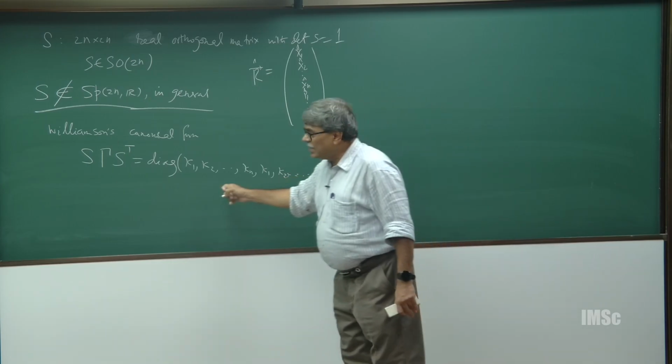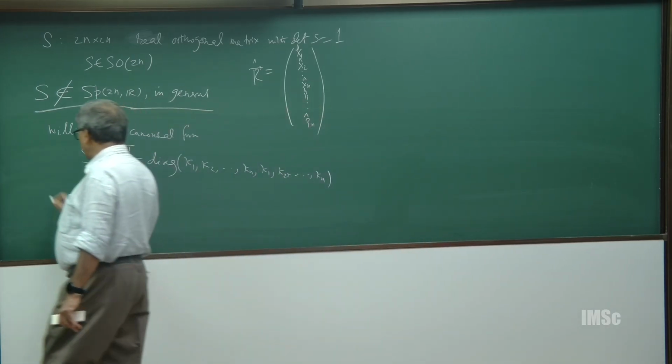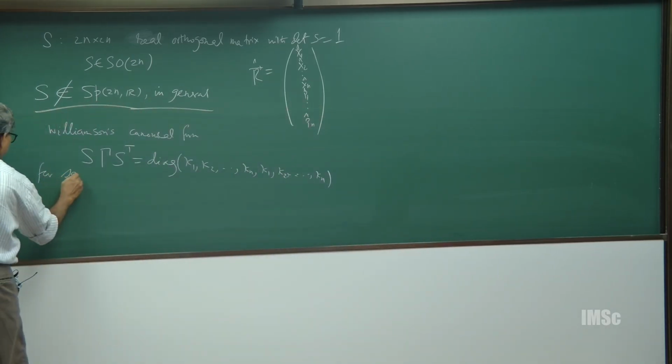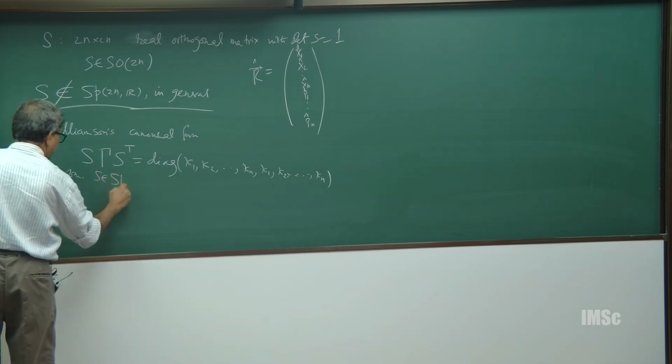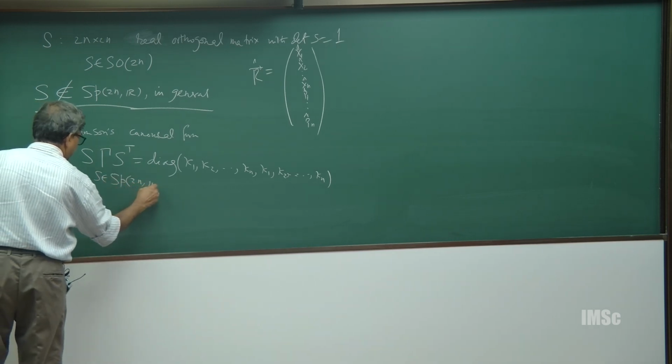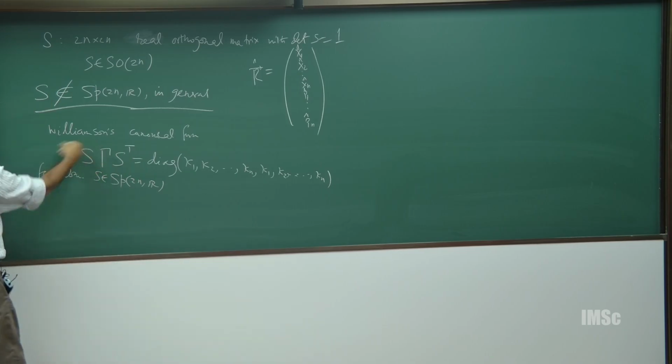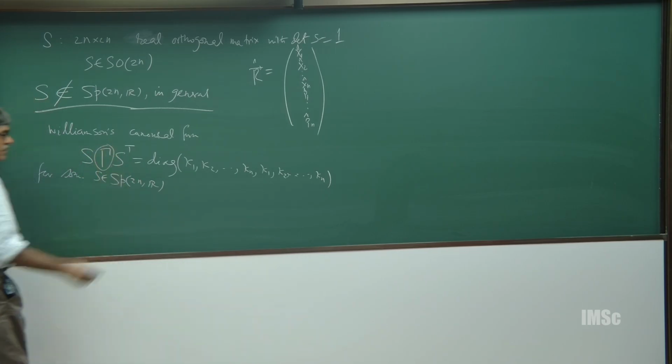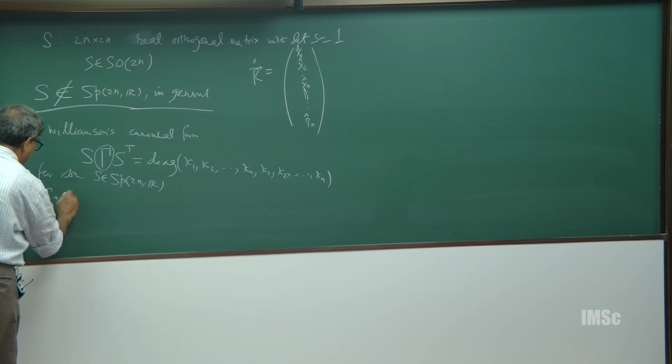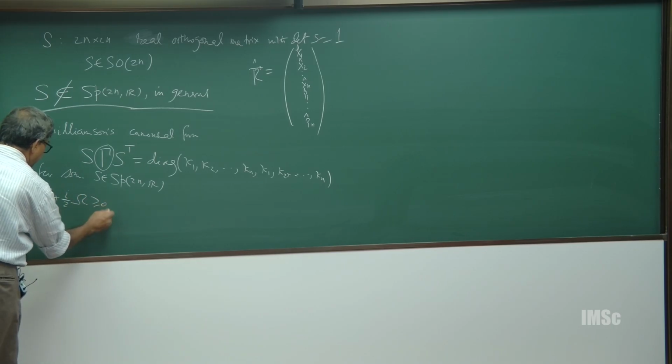So this is what Williamson's theorem tells me for some S belonging to Sp(2n, R), provided this is a real symmetric positive definite matrix, which satisfies the condition gamma plus iota by 2 sigma greater than or equal to 0.